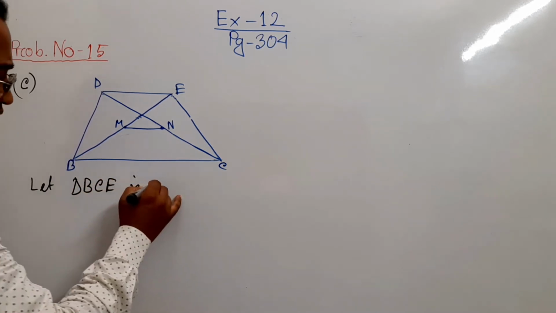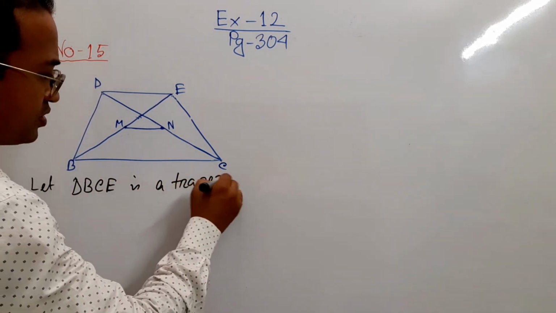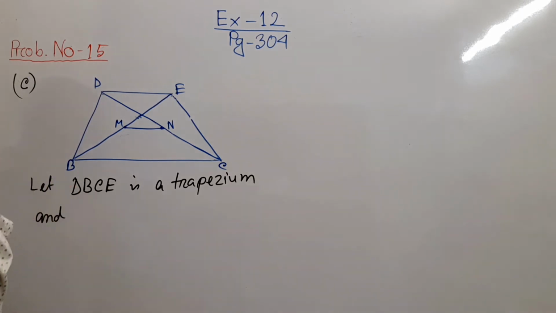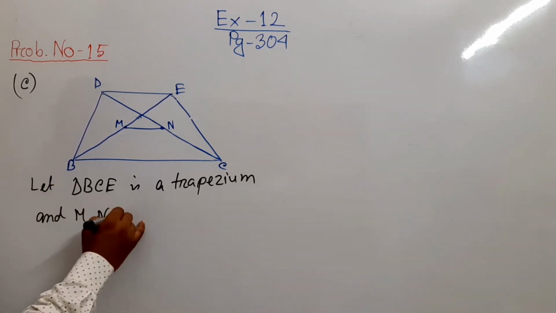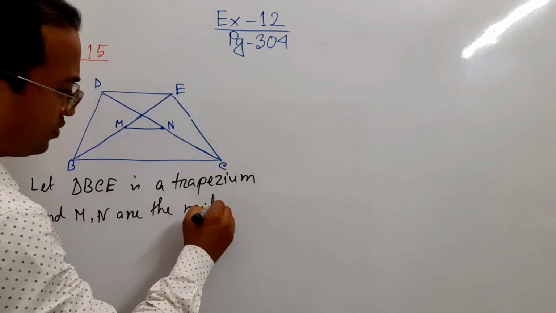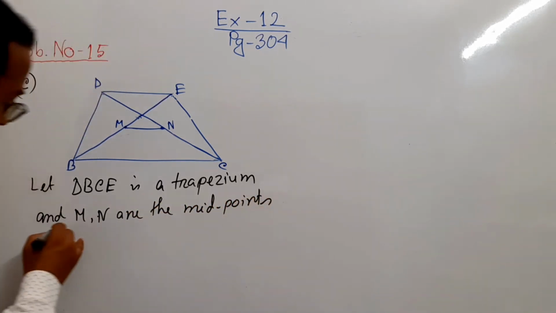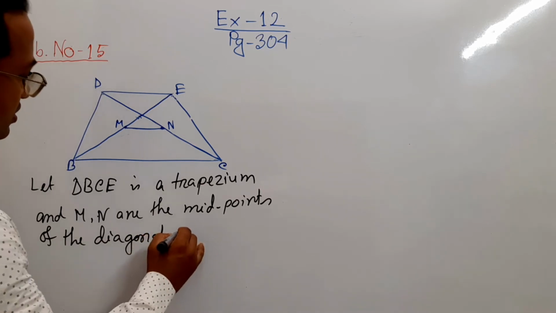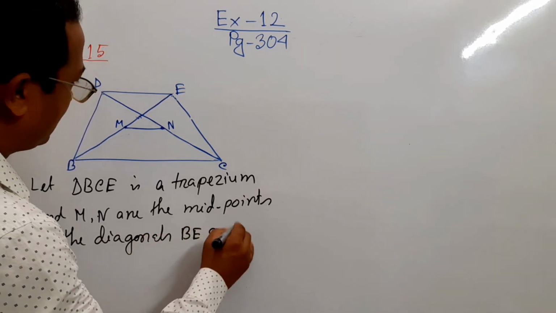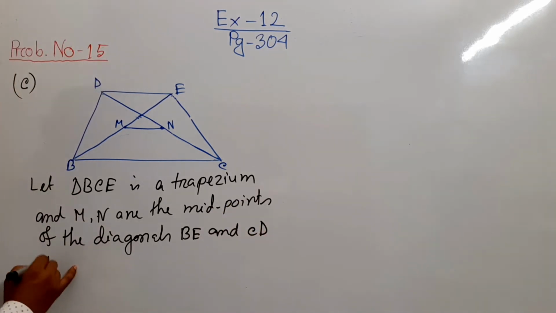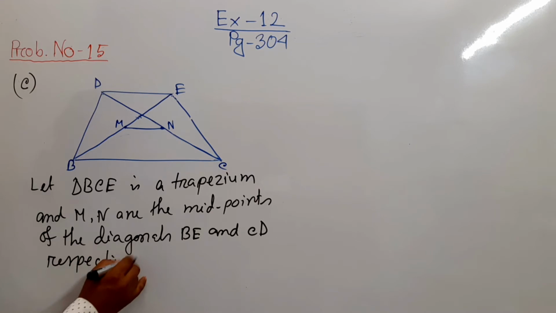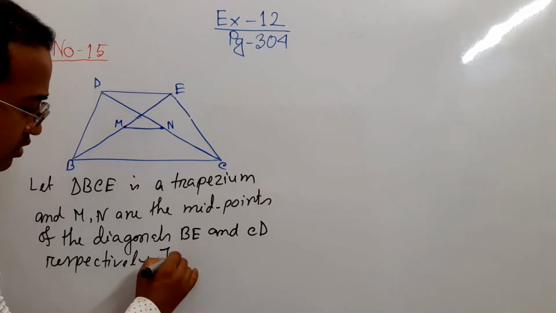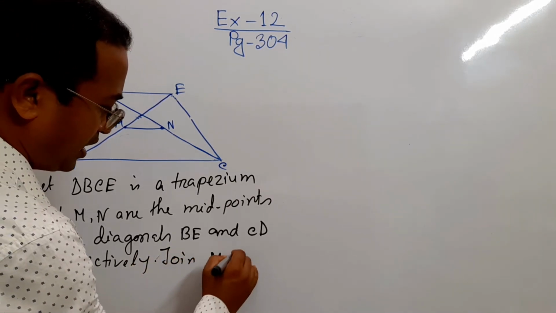Let DBCE be a trapezium, and M and N are the midpoints of the diagonals BE and CD respectively. Join MN.